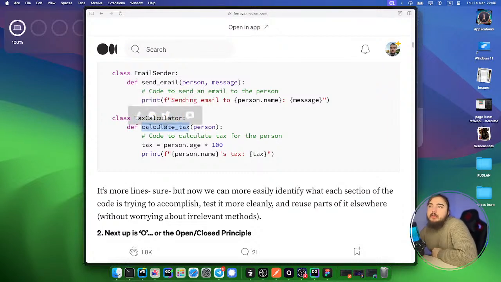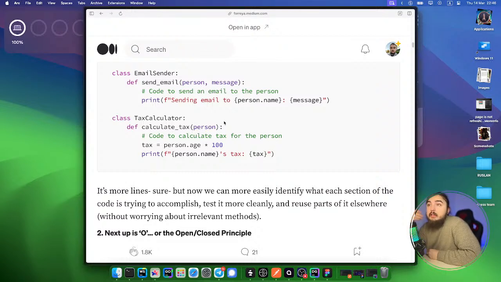a tax calculator, you have calculate tax for person, calculate tax for other people, and so on. And in this case, you have a basic class, tax calculator, which will have some additional functions which can be reused in calculate tax for person, calculate tax for any other entity, LLC, and so on.